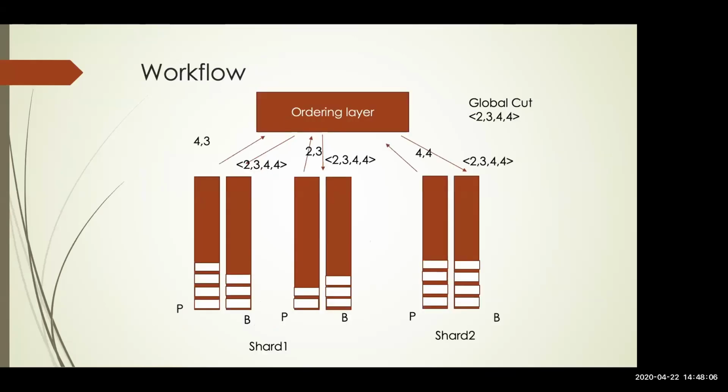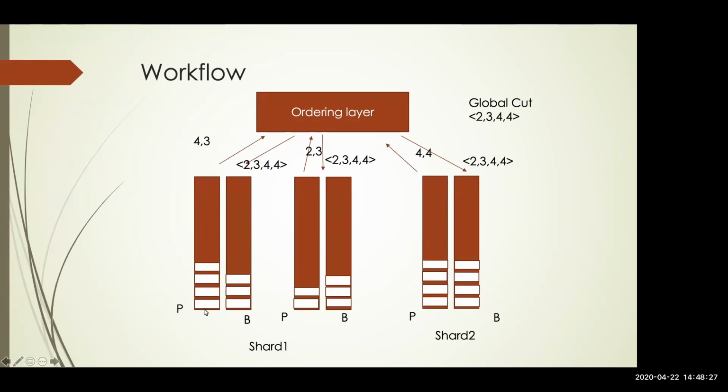The workflow of how the global cut is created. See here, there are two shards in this picture. Shard 1 has two data servers, shard 2 has one data server, just to see how the global cut is determined.